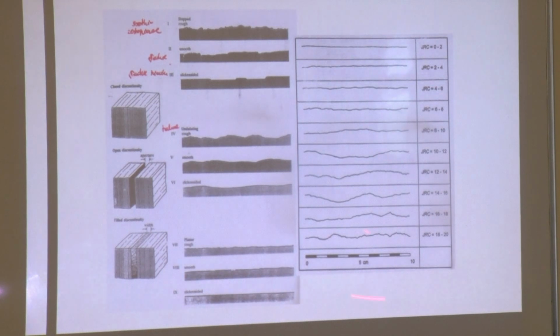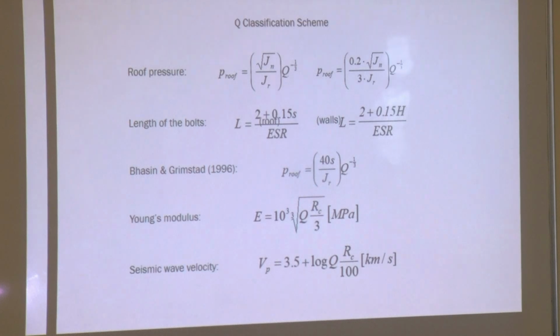How you are considering these ripples, this kind of rough surface, asperities. How these asperities are taken care of, your result depends on that. So they have applied it differently also using the Q system.